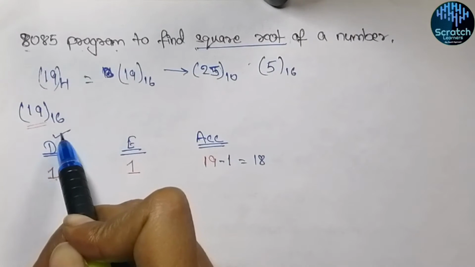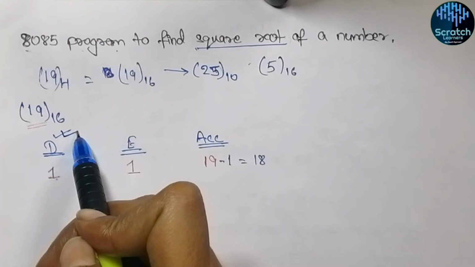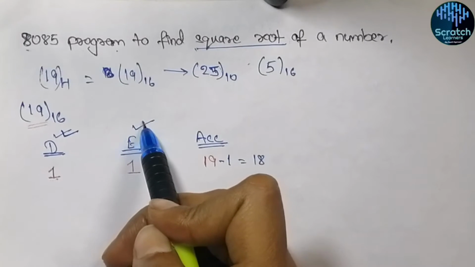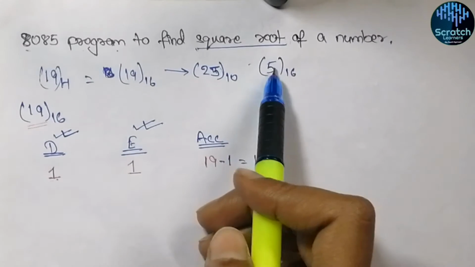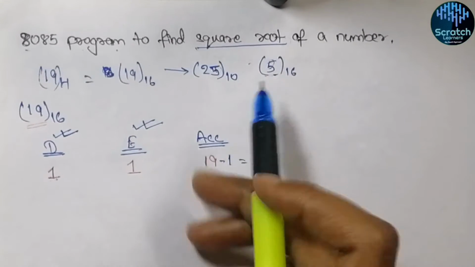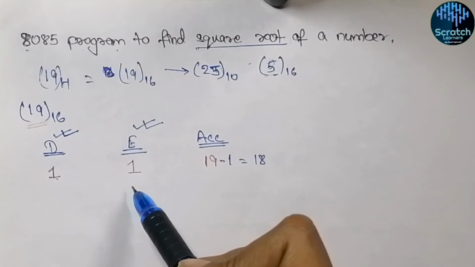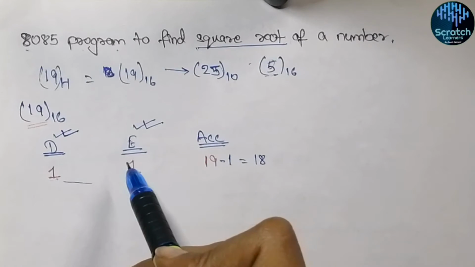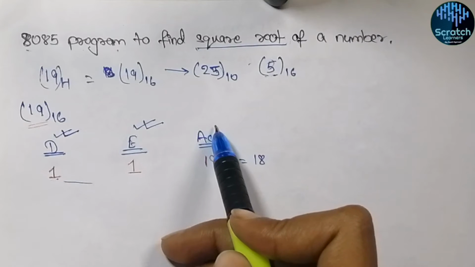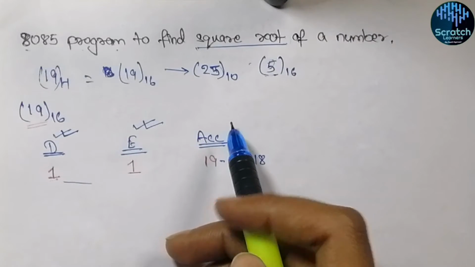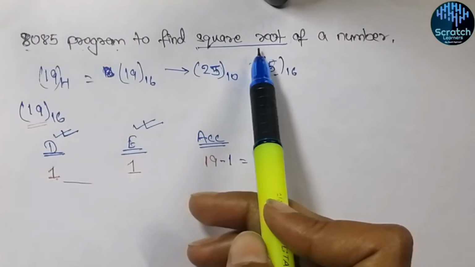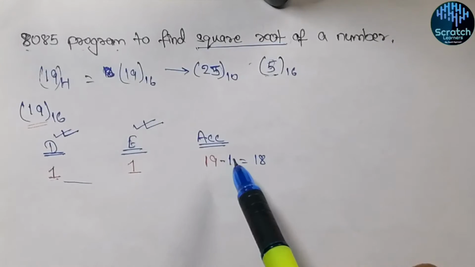The E register will be the output. That means this 5 hex will finally be stored in register E, and the whole process will be repeated until the content of the accumulator becomes 0. So here we are finding the square root just by subtraction.